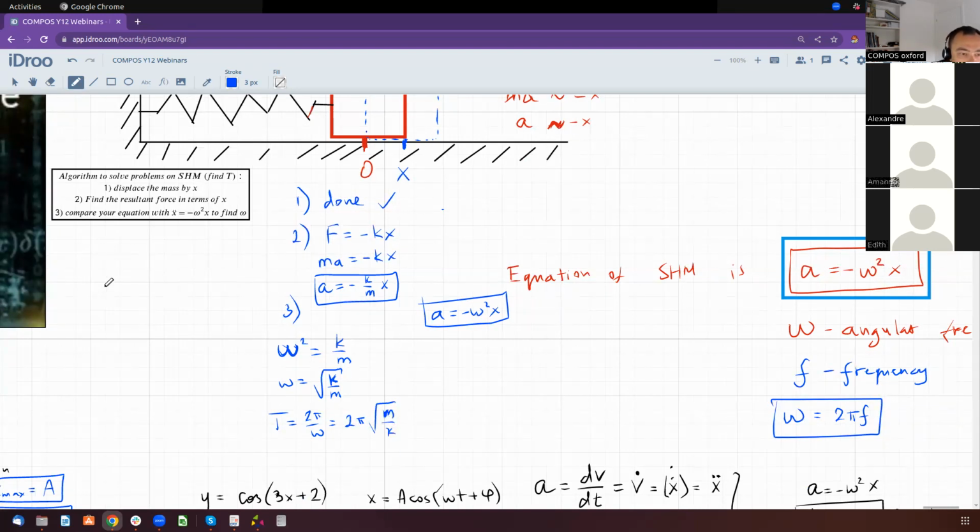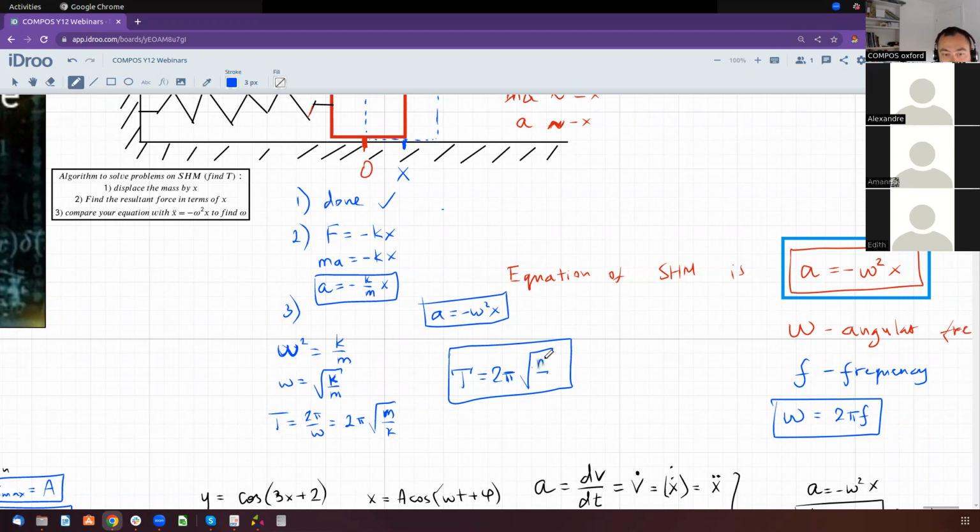So the time period of a mass spring system is 2 pi square root of m over k. And you can use this result to find the time periods of other systems. It is m over k, yes.